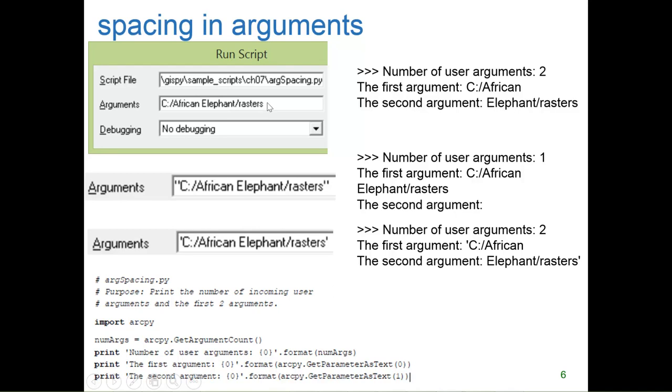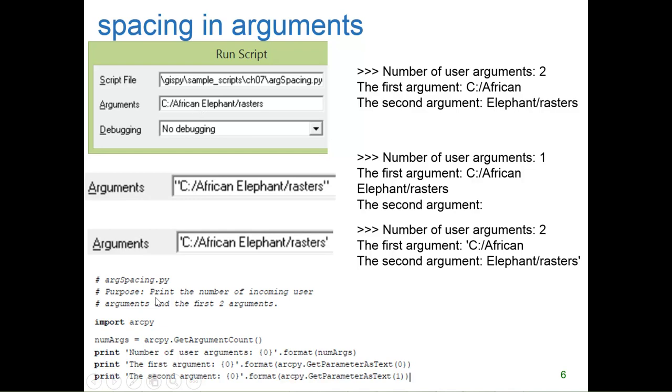If we pass in C:/African elephant/rasters, the script is going to take this as 2 arguments instead of 1, which is what we intended, because you can tell where one argument stops and another begins based on spaces. They are space delimited.